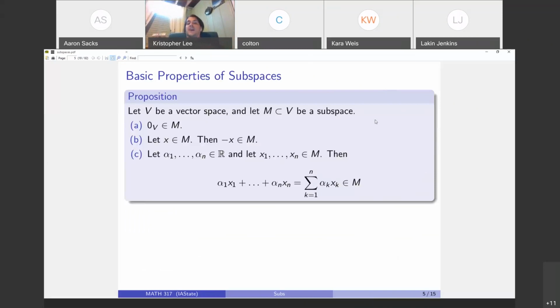We're now going to prove that we can actually do a little bit better. Specifically, the additive identity of the vector space has to be in M. So we explicitly verified that with the example we looked at in R2. And again, whenever you're going like, okay, it's getting too abstract, just go back to that example. It's the plane, subspaces, lines going through the origin.